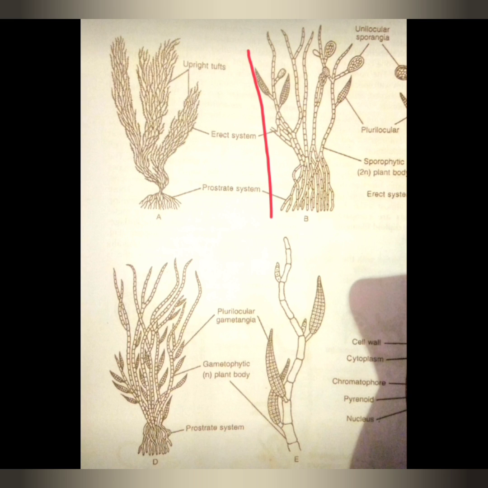And the nature of growth of these filaments varies with the region of the plant body. That means the growth in the prostrate system is different, in the diploid filament is different, in the haploid filament is different. So it varies with the region of the plant body, and it also differs from one species to another.